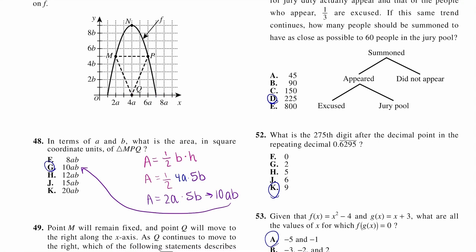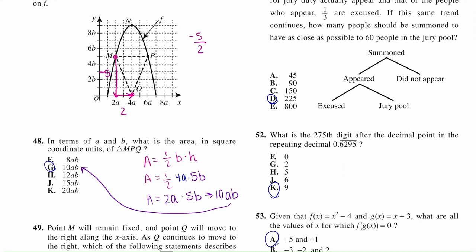So let's first find the slope from M to Q just as it is. Slope is always rise over run. So I'm falling 1, 2, 3, 4, 5. So that's -5. And I run 1, 2. So originally my slope is -5 over 2.